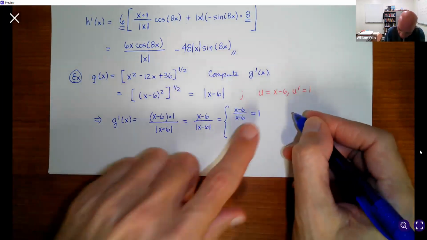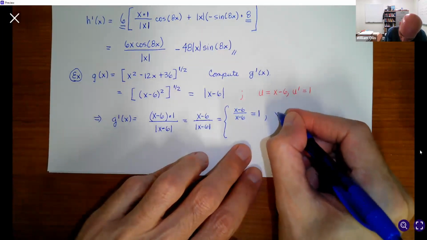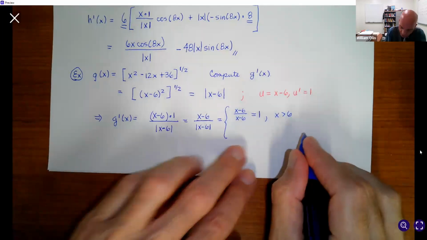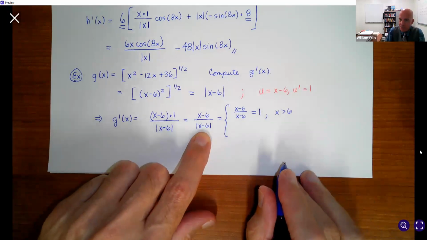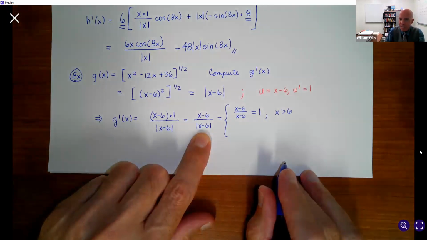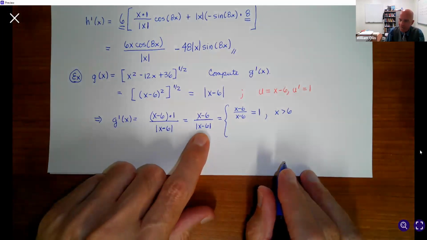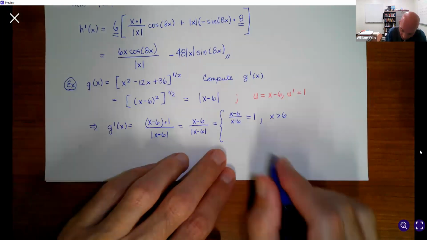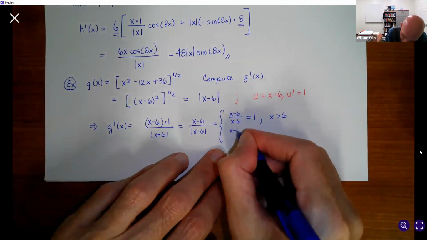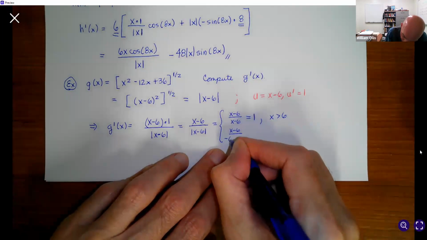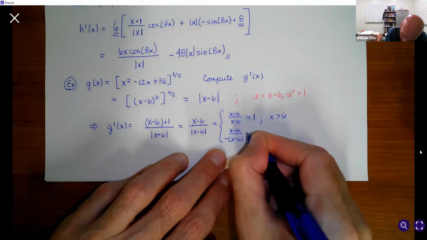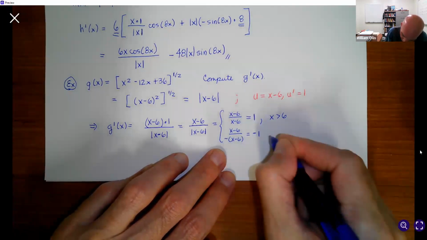So we would just call it 1 when x is bigger than 6, because we're just now evaluating the absolute value. And then, of course, when x is less than 6, we have the negative here for the absolute value. So we have x minus 6 divided by the additive inverse of x minus 6, which is now -1.